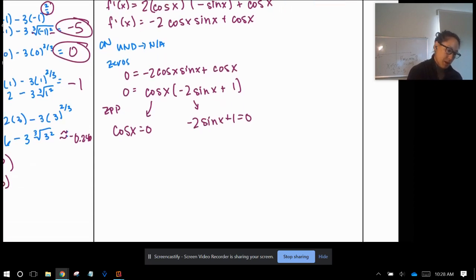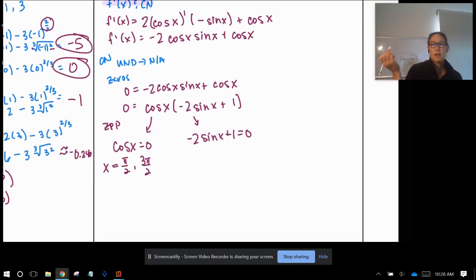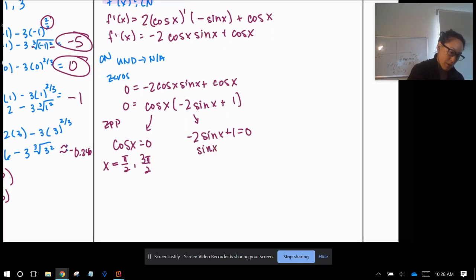I know that cosine is 0 when x is equal to pi over 2 and 3 pi over 2. And just remember, we're in the interval 0 to 2 pi, so I don't have to keep finding more coterminal angles. And then for the sine part, sine of x is equal to 1/2. So sine is equal to 1/2 when the y value is 1/2, so pi over 6, and then in the second quadrant, 5 pi over 6.